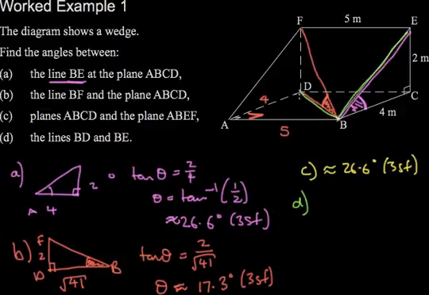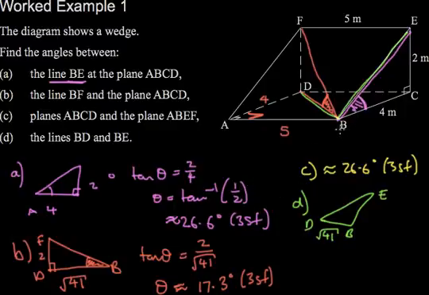I could just start off by drawing the triangle BDE, just to give a bit of context. So that's D, B, and E. And DB I've worked out before, haven't I? DB was root 41. And BE, did I work that out somewhere?